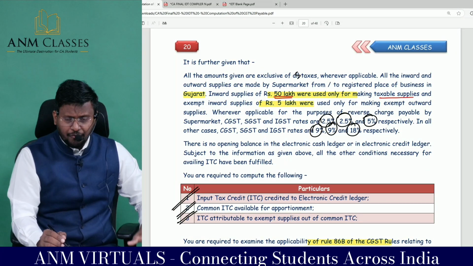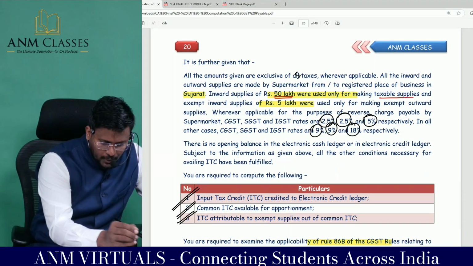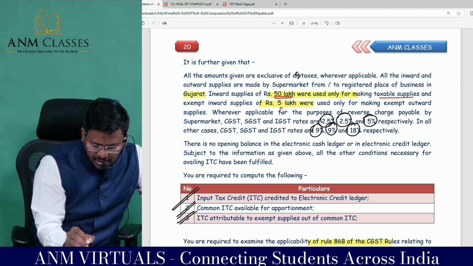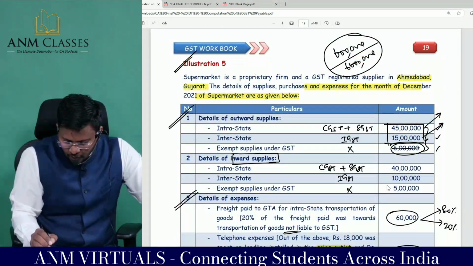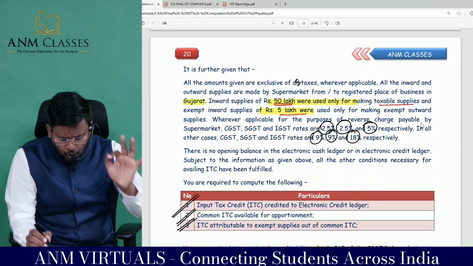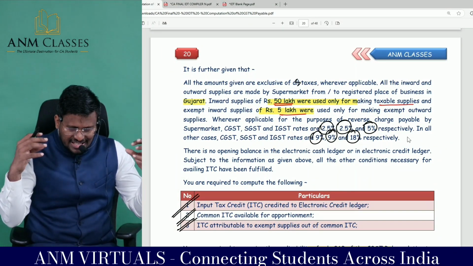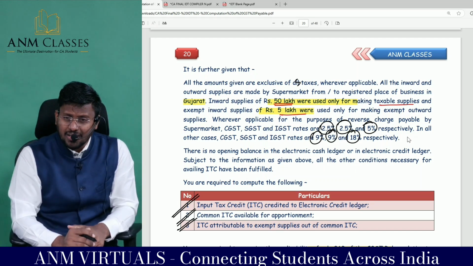Inward supply of 50 lakh were used only for making what supply? And exempt inward supply of how much? 5 lakh. This 5 lakh has been used only for making exempt outward supply. That means it is one-to-one basis.